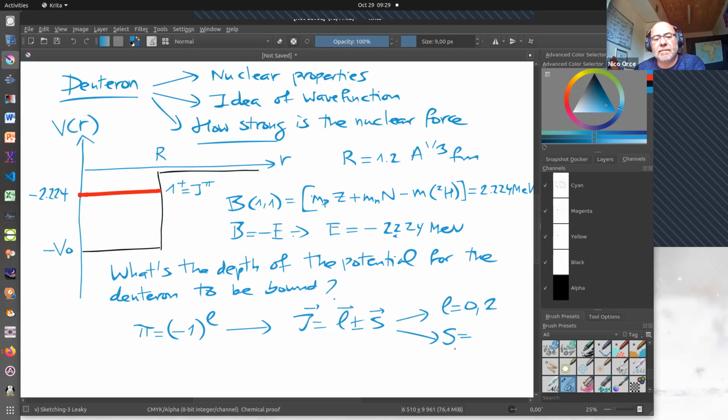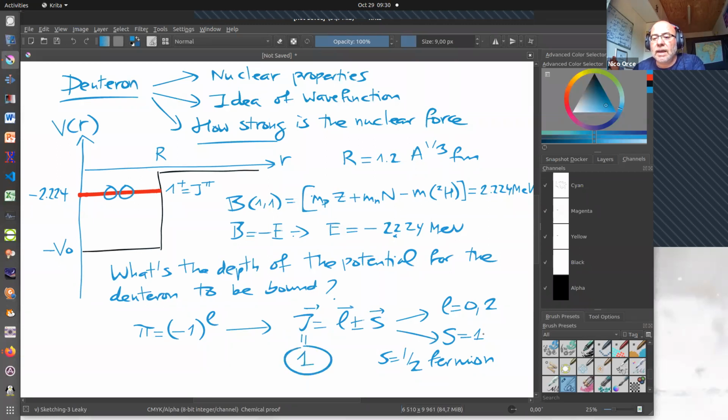What is S? 1/2. Well, S is 1/2 per particle, because they are fermions. But as we have 2 particles here, S will be equal to 1. So this can have a J equal to 1.